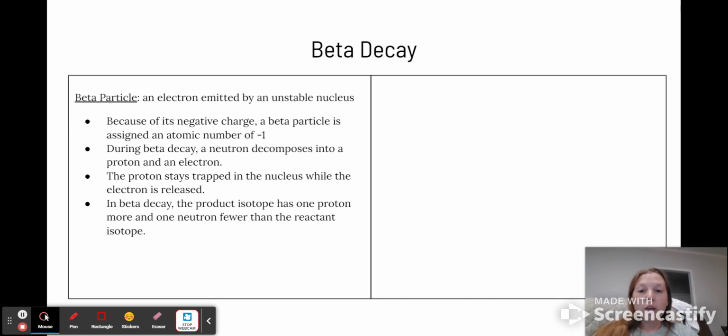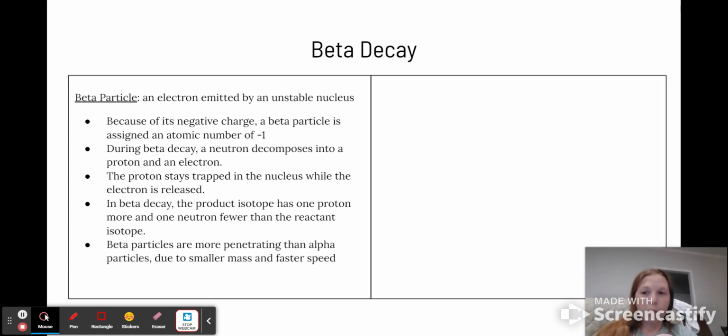The product isotope, or the daughter isotope here, is going to be 1 proton more than the parent isotope, and it's also going to be 1 neutron less. So it's going to weigh a little bit lighter, but it's going to be 1 element over on the periodic table. And then beta particles are more penetrating than alpha because they are smaller, so they move a little bit faster.